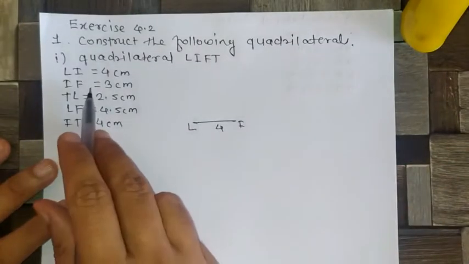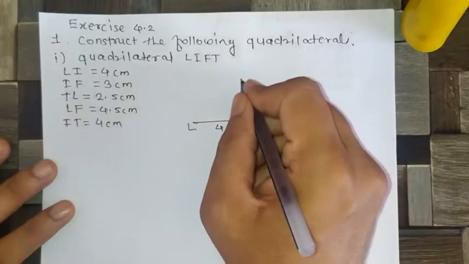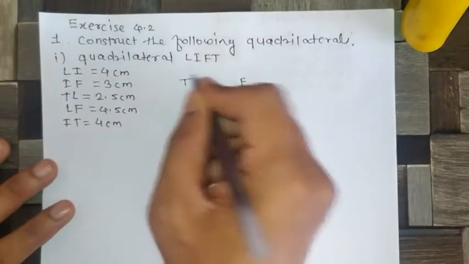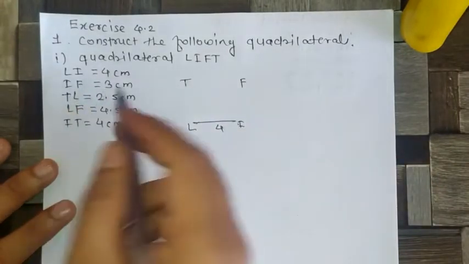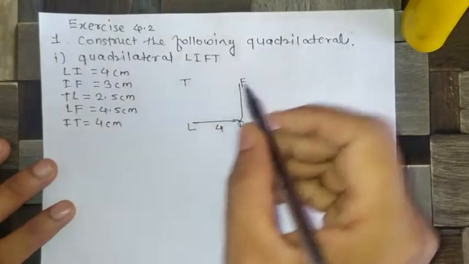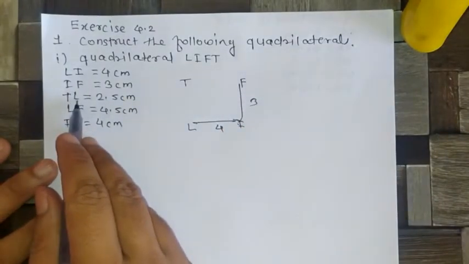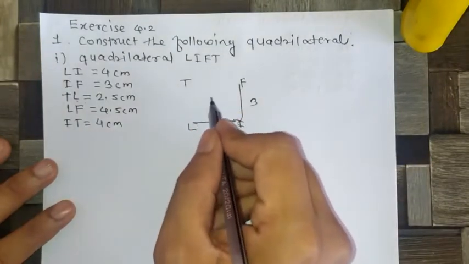And then after LI, somewhere F will be there and somewhere T will be there. So what about the next side? IF is 3. Next one is TL, that is given 2.5.